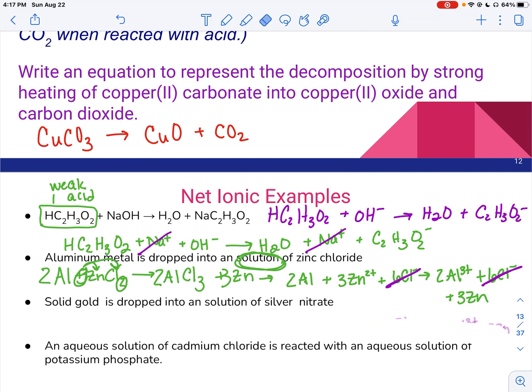I'm just going to erase that so I have room. So this one, solid gold is dropped into a solution of silver nitrate. So this is a single replacement again, so we should check our activity series.